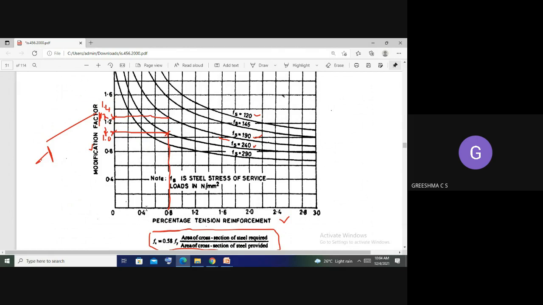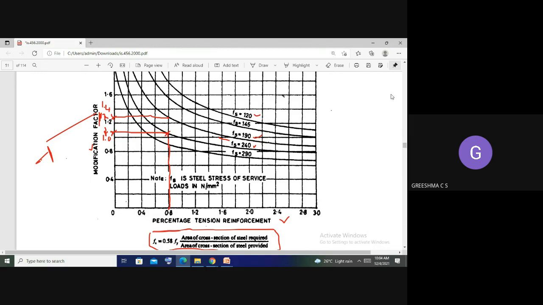Okay, so this is 0.5, this is 0.4, so this is 0.6. 0.2 in the division, so this is 0.4 and this is 0.6. So approximately നമുക്ക് correct നടുക്ക് എടുക്കാം. Okay, now extend your curve to the 235 curve.